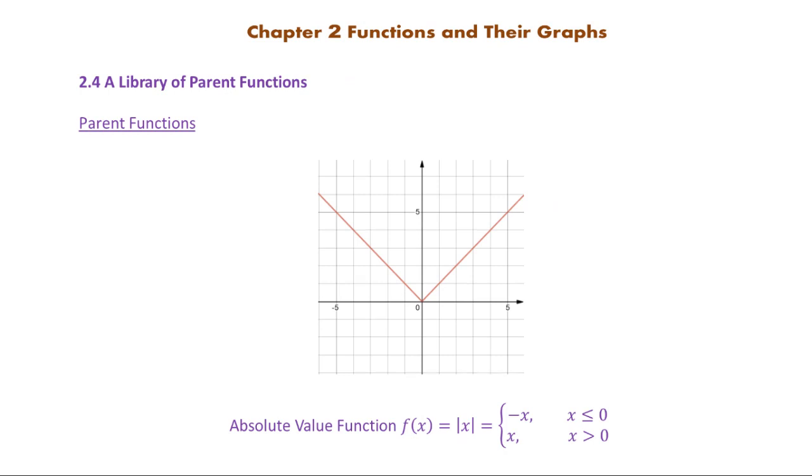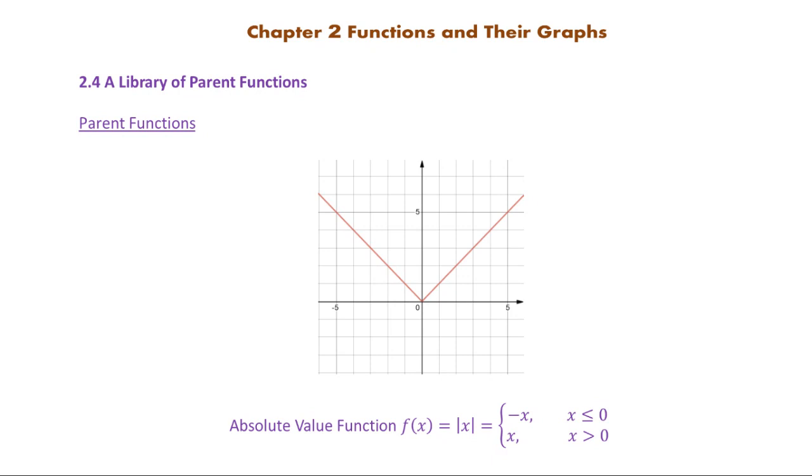This function is also a piecewise defined function, although the original expression doesn't say that. This function is called the absolute value function, and it's defined as f of x equal to absolute value of x.